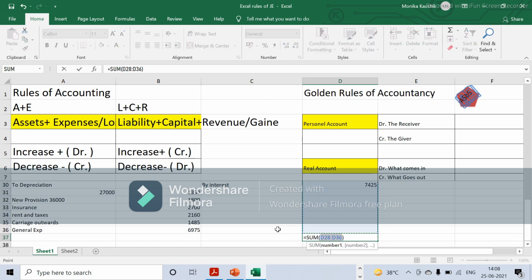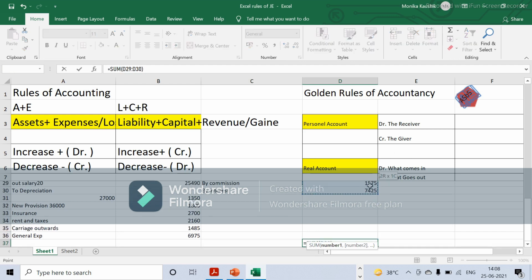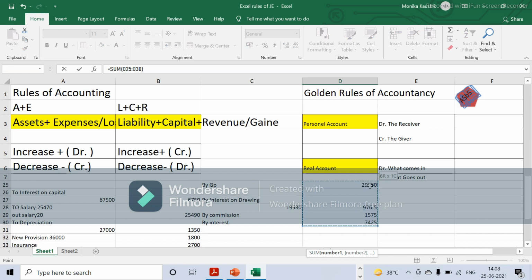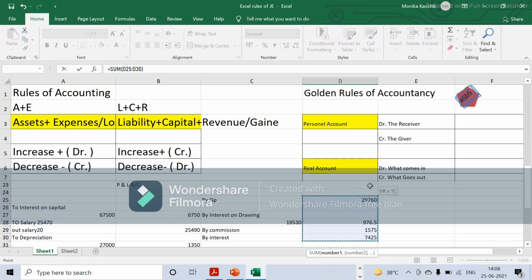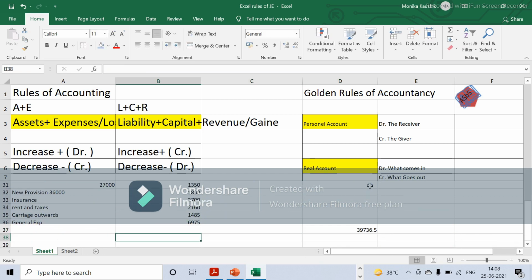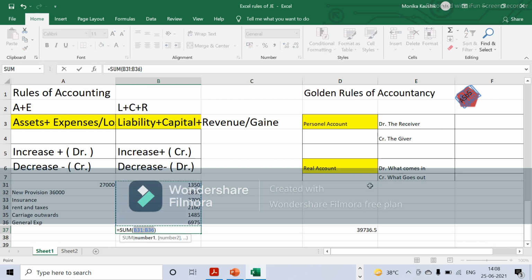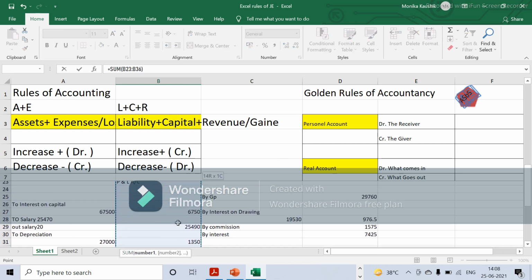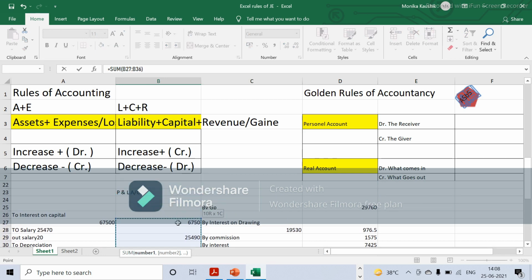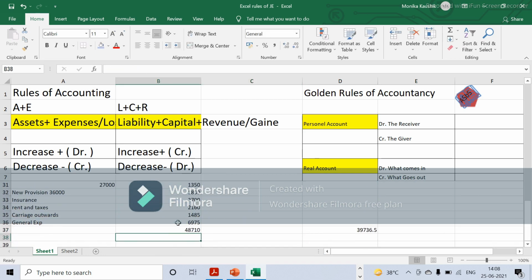Let's calculate quickly the net profit. What we will get here, till gross profit, the total is this. Now I'm just going to calculate this one also. On the debit side, we are receiving this amount. So see now, which one is more? Debit, or the expenses, are more than the revenues.